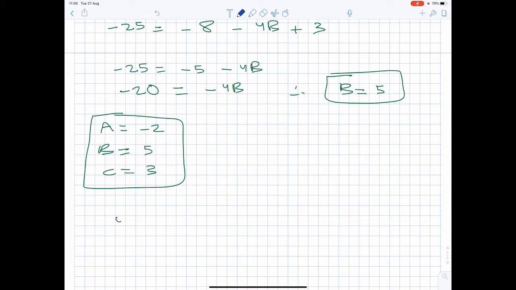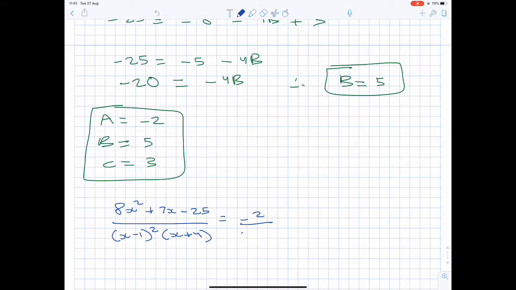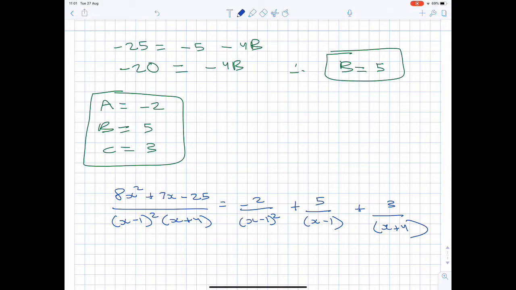We had 8x squared plus 7x minus 25 over (x minus 1) squared, (x plus 4). So A was minus 2, and that was over (x minus 1) squared, plus B, which we found is now 5, over x minus 1, and finally C was 3, and that is over x plus 4. And that is our final expression to answer this question.